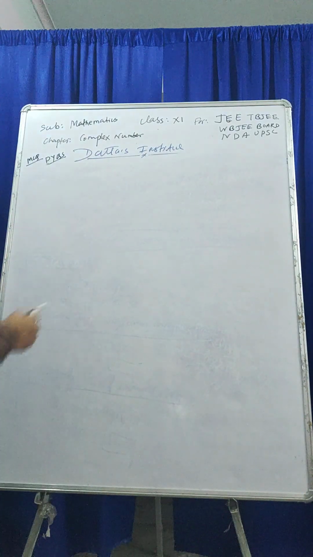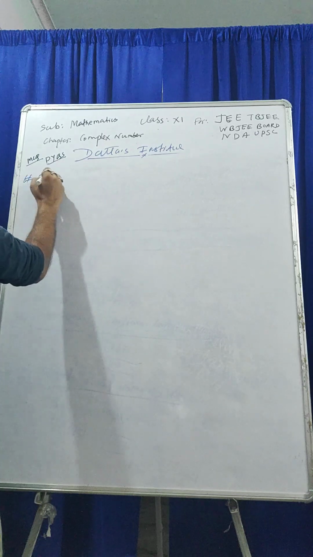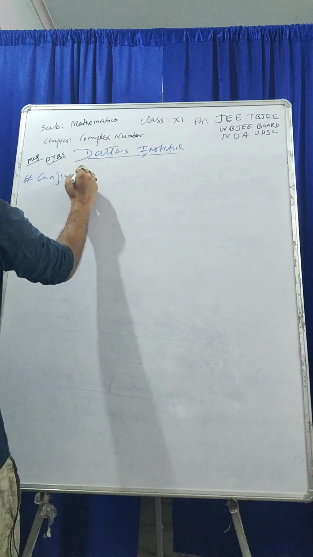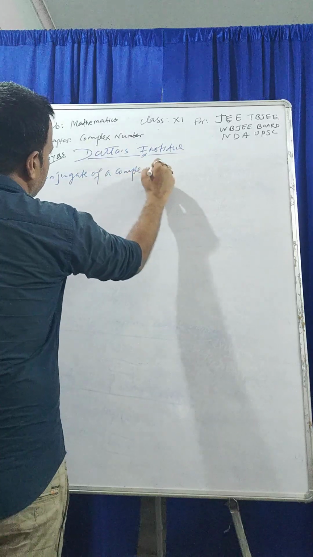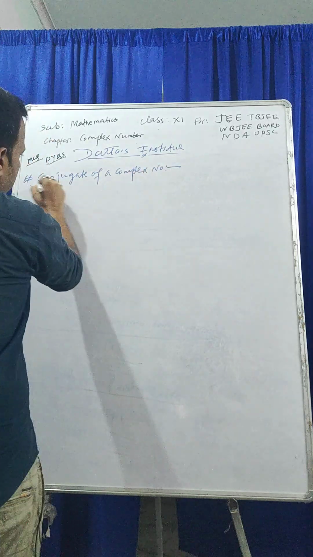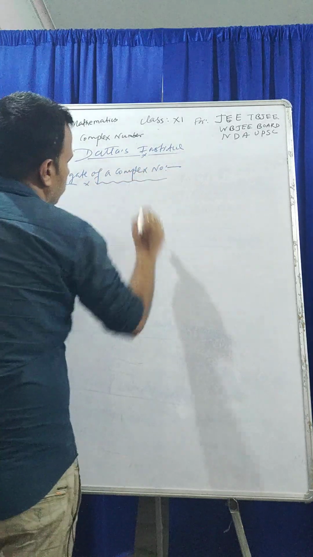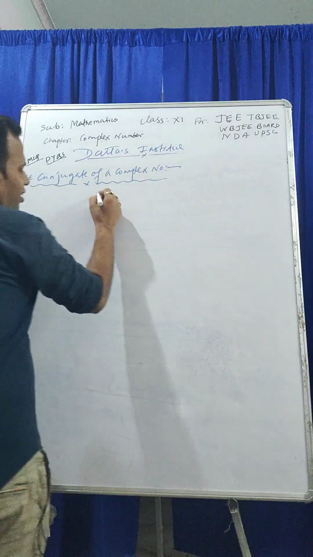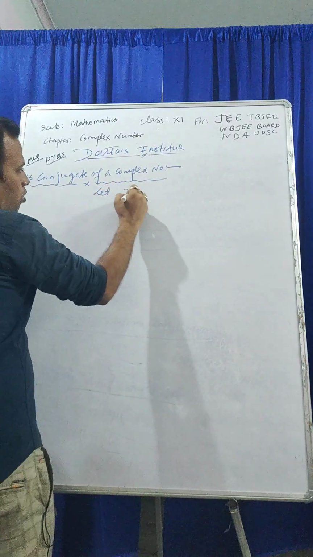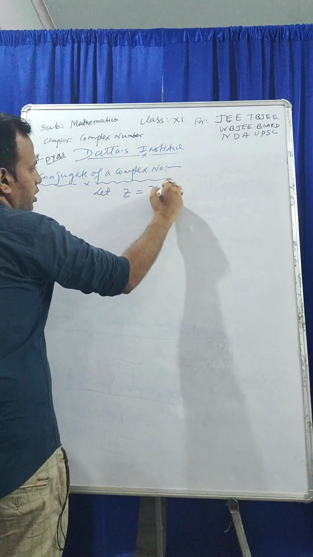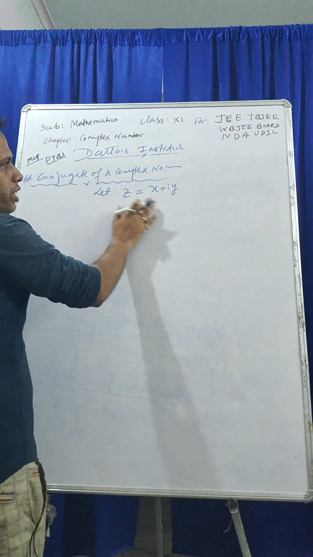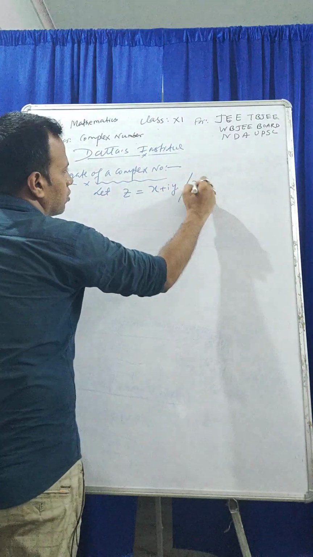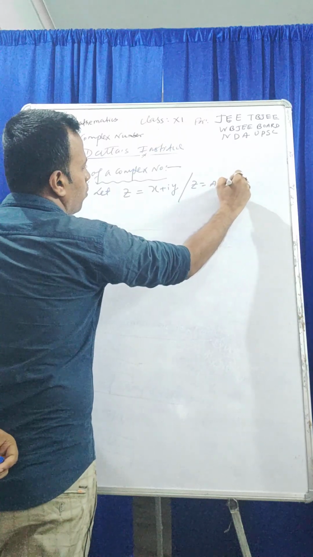Now, conjugate of a complex number, what is it? Let's consider one complex number z is equal to x plus iy. Or you can consider z is equal to a plus ib, whatever it may be.